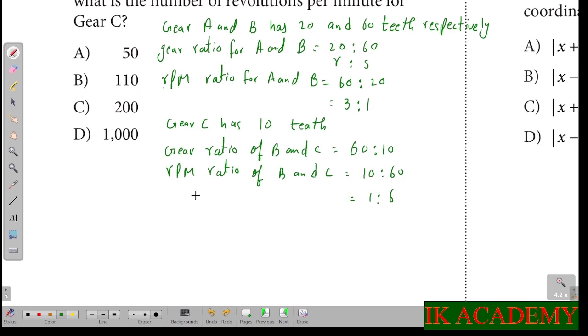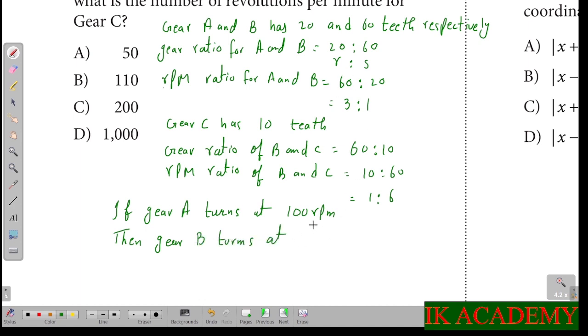So we need to find the RPM ratio of gear A and C. If gear A turns at 100 RPM, then gear B turns at 100 by 3 RPM, because gear A is connected with B and the RPM ratio between gear A and B is 3 ratio 1.